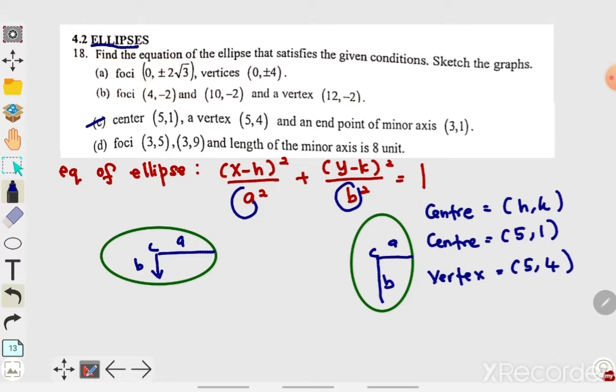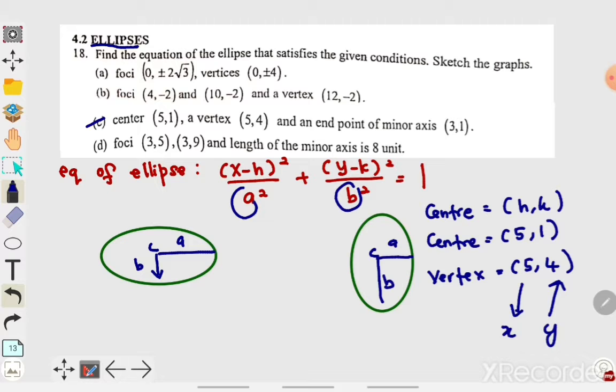So from here, by comparing the center point and the vertex point, we have to find out which one changed. Is it the variable of x or the variable of y?